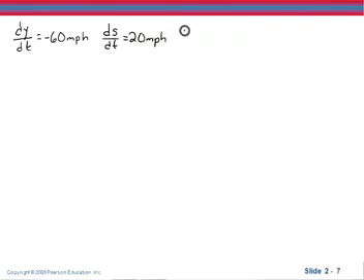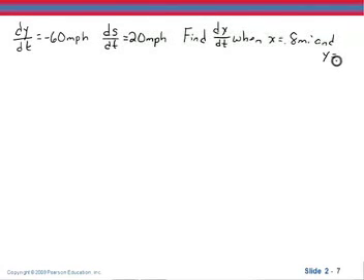And we want to find dx/dt when our x is 0.8 miles and our y is 0.6 miles. And we just said the formula we want to use is x squared plus y squared equals s squared. Now we know the change in y, and we know the change in s, and we're looking for the change in x. So we have a formula for which we have our unknown rate, and we know the rates for everything for the other two.